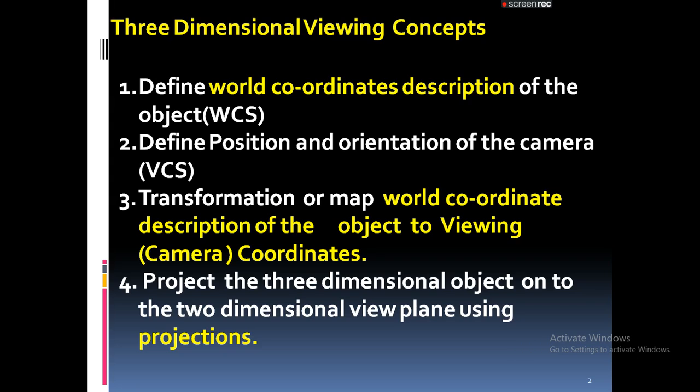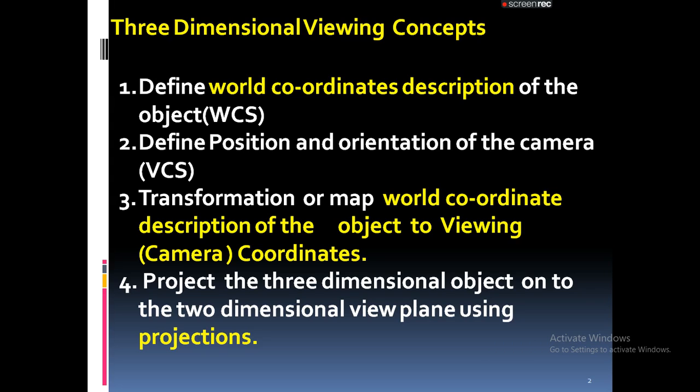Once you define the position of the object, the second step is to define the position and orientation of our synthetic camera. To define the position and orientation of the synthetic camera, we need to consider the viewing coordinate system. So first I defined the object position, second I defined the position of the camera.